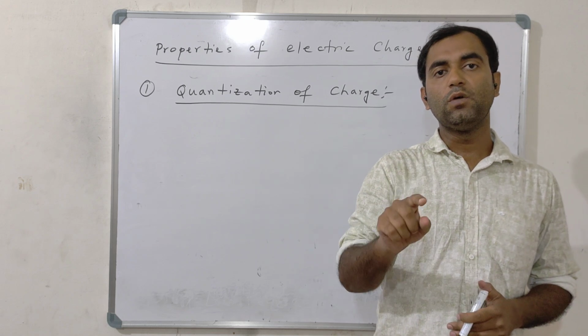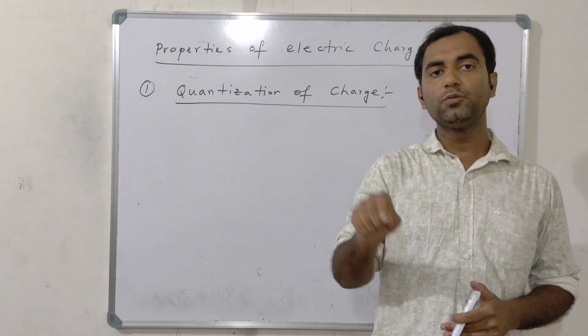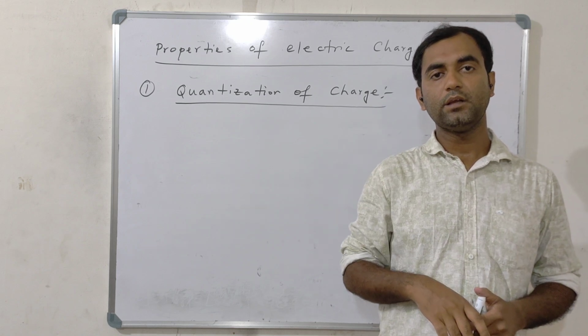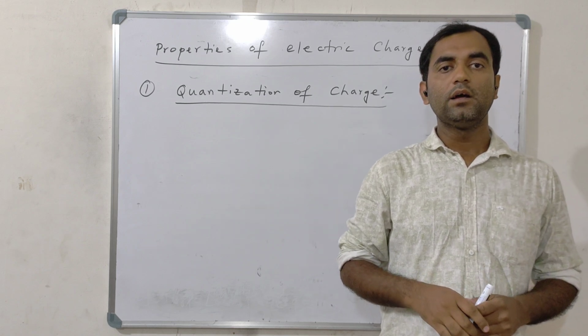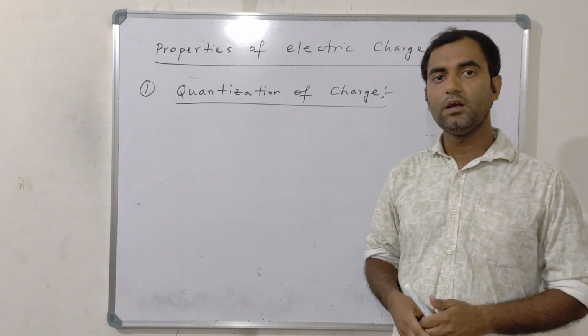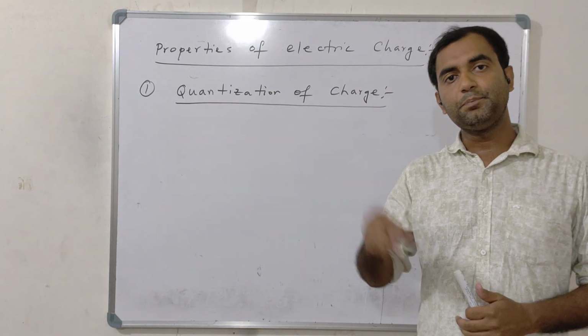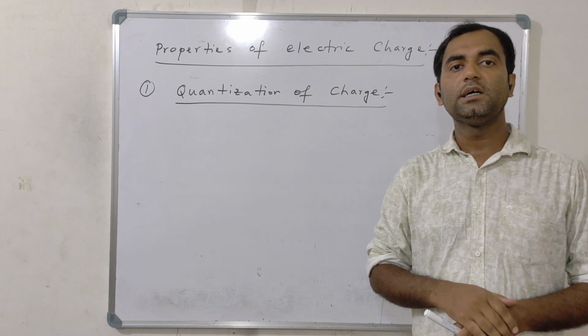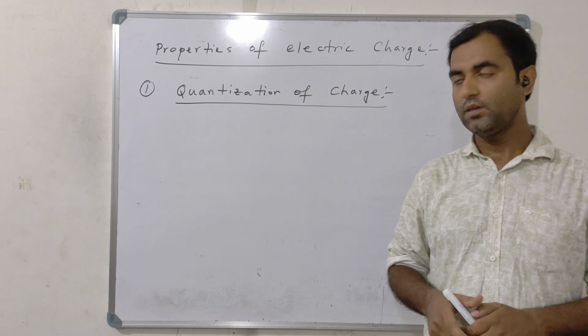We have to pay 1 rupee, 1 into 2 rupee, 1 into 3 rupee, 1 into 4 rupee. Okay. So in case of electric charge, quantization means the basic or quantized particle will be the electronic charge.